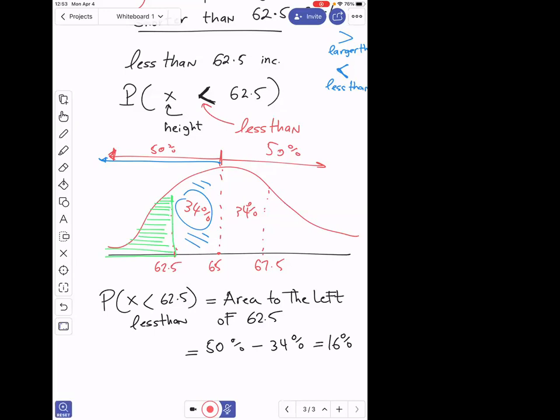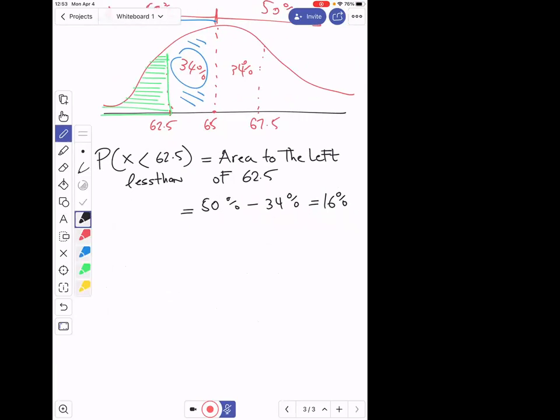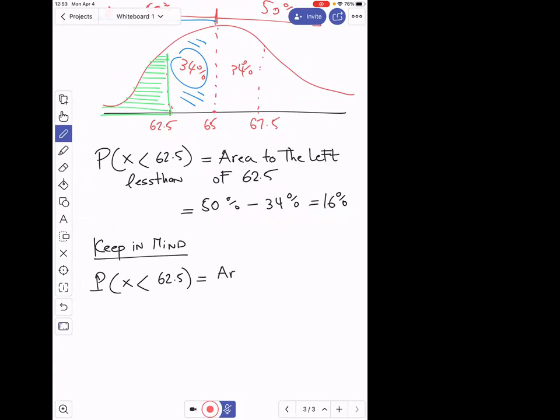So what we need to keep in mind, what's really important for the next section, is the following. When we say the area to the left, so the probability that X is less than some number, for example, 62.5, this is the area to the left of 62.5.